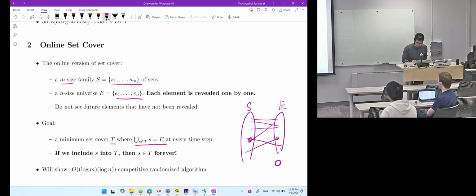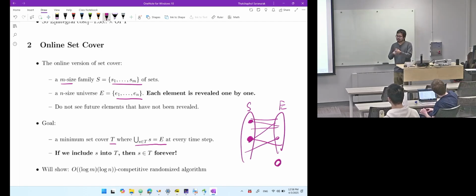Suppose you have chosen this set already, and if this set happens to already contain this element, then you don't need to do anything. It's already covered. But if this new element is not covered by any set yet, now you need to choose some set to cover it.